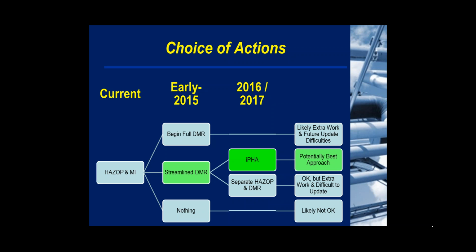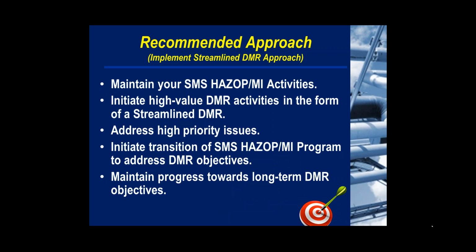There's no specific requirement to do a damage mechanism review at this time. The top line, beginning of full DMR, is also something where the requirements aren't fully defined, and if you aren't sure that it's needed, you may be putting a lot of resources into a program that may be needed somewhere else. So what we're recommending, and coincidentally it's in green, is a streamlined DMR approach.